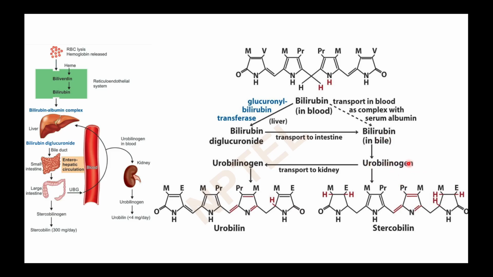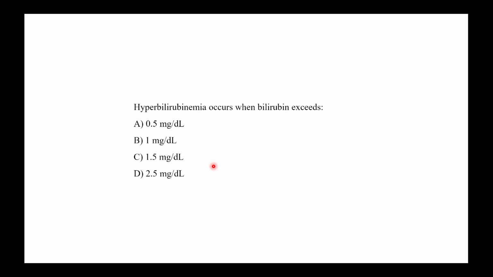Urobilinogen is transported to the kidney, where it is converted to urobilin, and urobilinogen in the bile and in the intestine only, it gets converted to stercobilinogen and stercobilin. Okay, so this is urobilin, this is stercobilin. I hope that's clear.